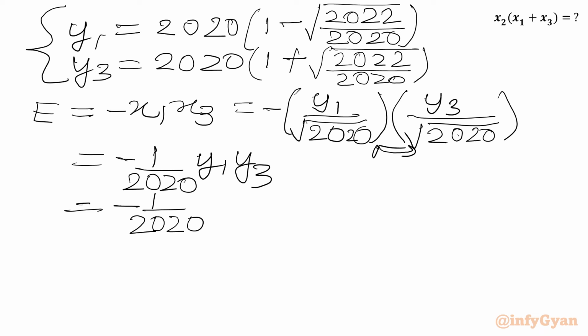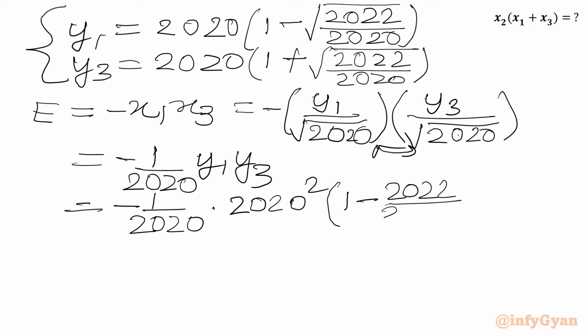I will write minus of 2020 in the denominator, y1 y3. If I multiply both, I am going to write 2020 whole square, and in the bracket we have to use the a square minus b square formula. So we will write here 1 minus 2022 over 2020. Now we will cancel 2020 with one exponent or power from the numerator.